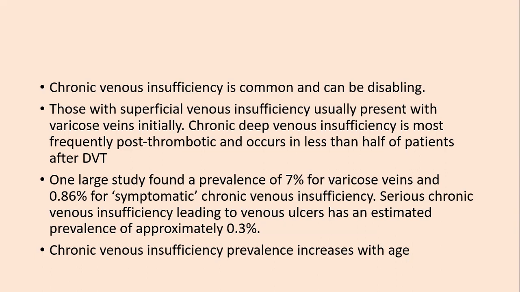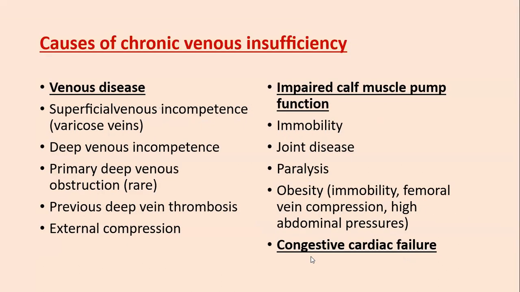So chronic venous insufficiency is mostly related to varicose veins, and it is most frequently due to DVT, deep venous thrombosis. The chronic venous insufficiency prevalence increases with age.